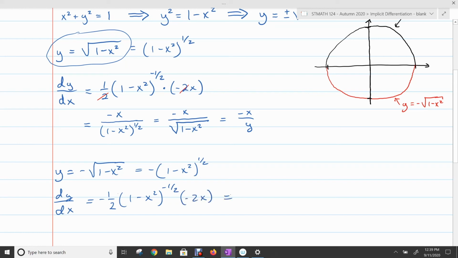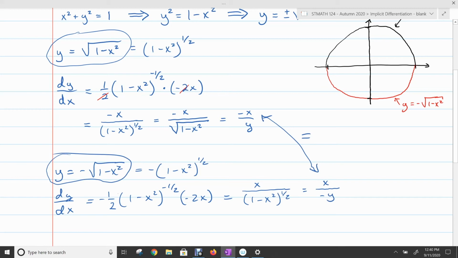This time the negative 1/2 cancels with the negative 2, and I just have positive x in the numerator, and then I have 1 minus x squared to the 1/2 in the denominator. And then I can write that as x over, but if y is equal to negative that radical, then what you see in the denominator there is negative y. But notice that those answers match, right? So it didn't matter which half of that circle we were doing, we got the same derivative.